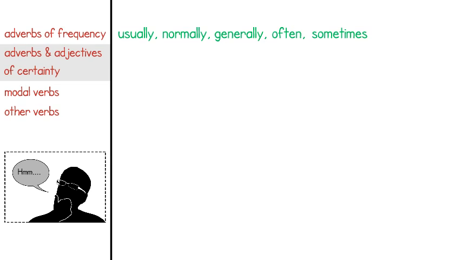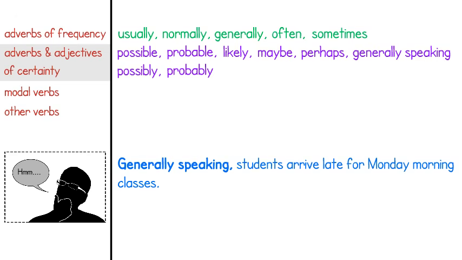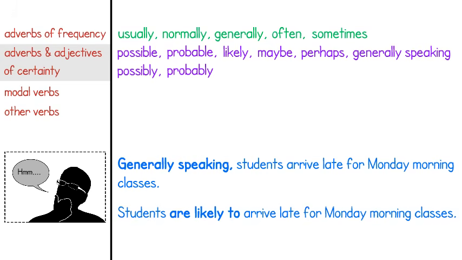These are words like possible, possibly, probable, probably, likely, maybe, perhaps, or generally speaking. For example, generally speaking, students arrive late for Monday morning classes. Students are likely to arrive late for Monday morning classes.